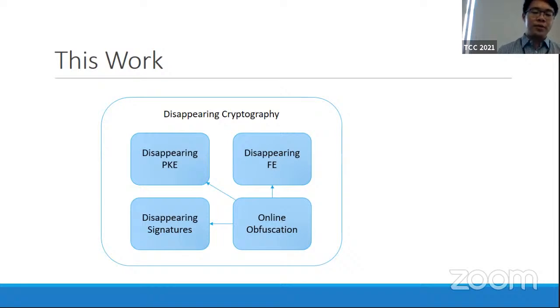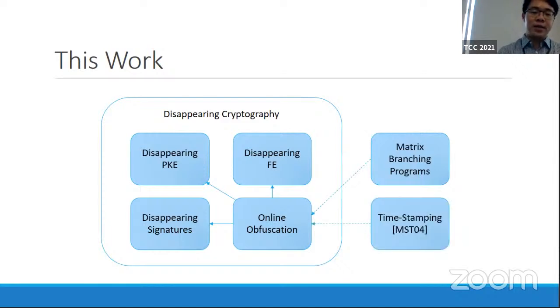Furthermore, we provide 2 different candidate constructions for an online obfuscator with VGB security. The first construction is based on large matrix branching programs, which is a common technique used in constructing IO. And the second candidate construction is based on the timestamping scheme in the bounded storage model.